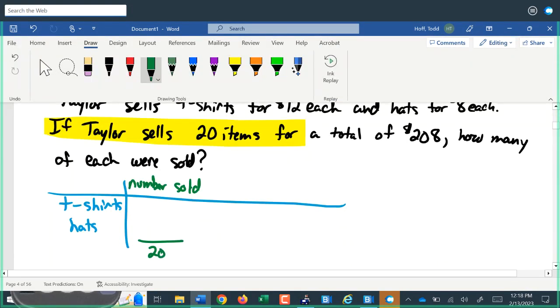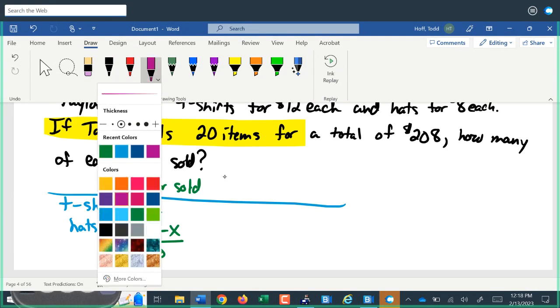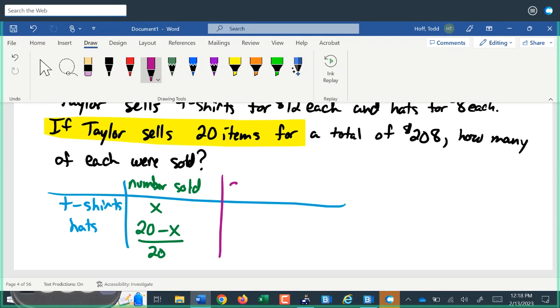To do that, we're going to just pick one of them and define its amount to be X. The other amount is the total of 20 minus X. Then we need to know the dollar amount from each. The dollar amount or total sales is the amount sold times the price.